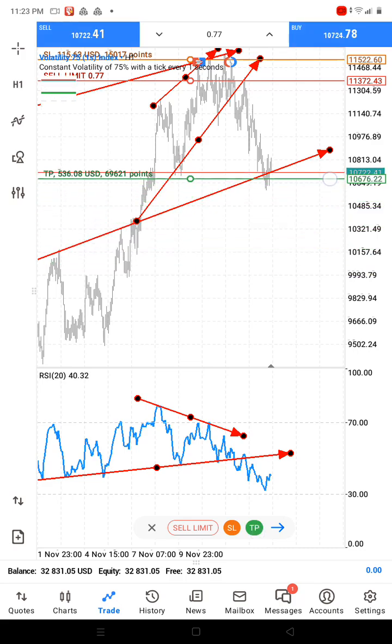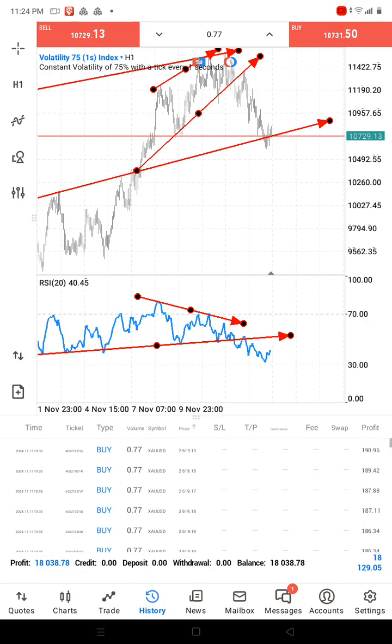My take profit would be at a point that generates about 517 US dollars. So this is the trade that I did that got me 517 US dollars per single trade, and I opened about 5 lots on it. So I was trying to practice and see how this thing would pitch out on the market.